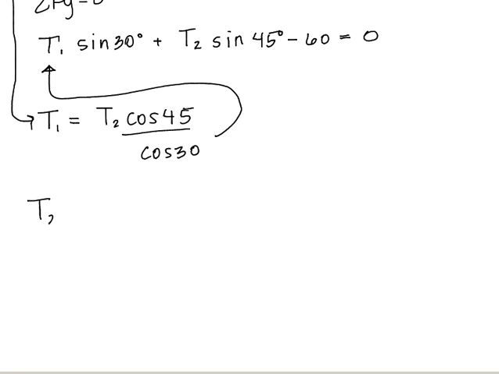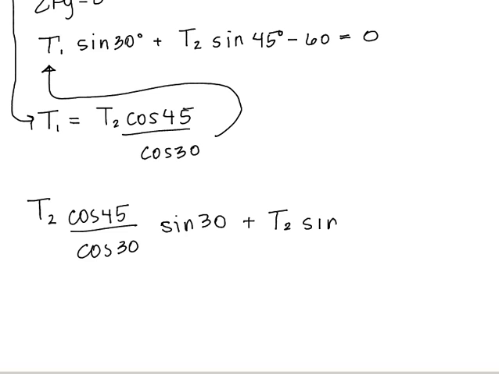So then T2 cosine of 45 divided by the cosine of 30 times the sine of 30 plus T2 sine of 45. I'm going to go ahead and add 60 to both sides.